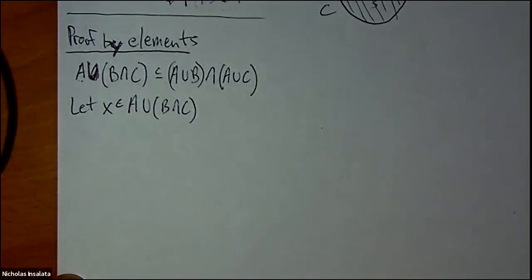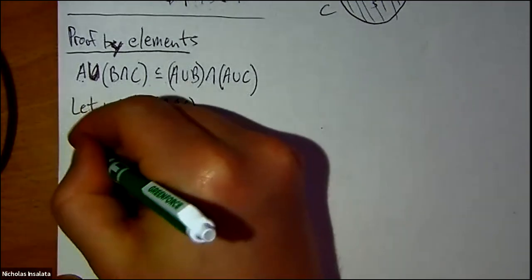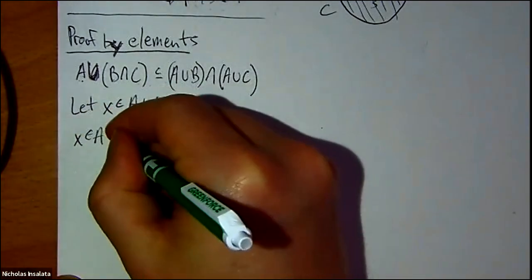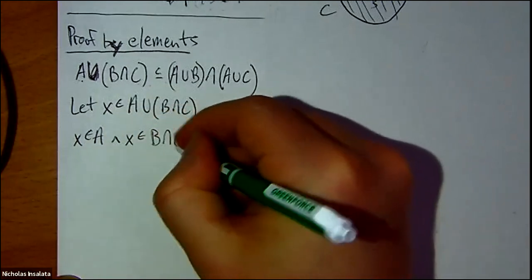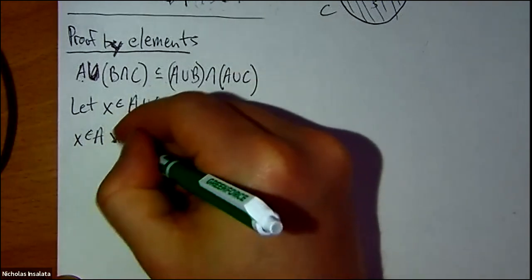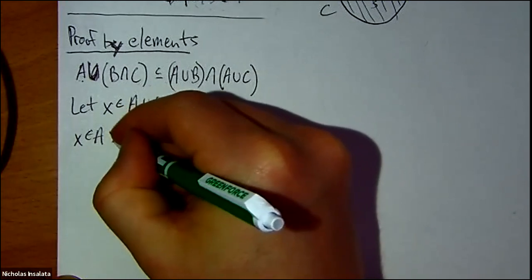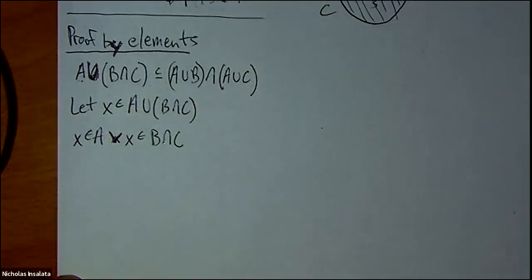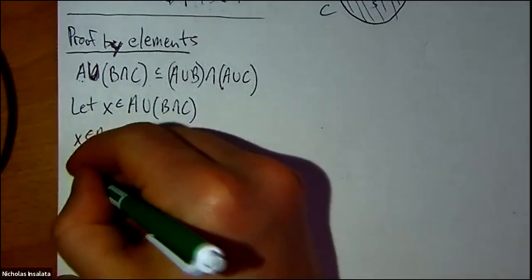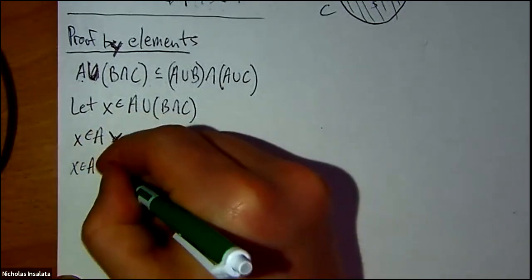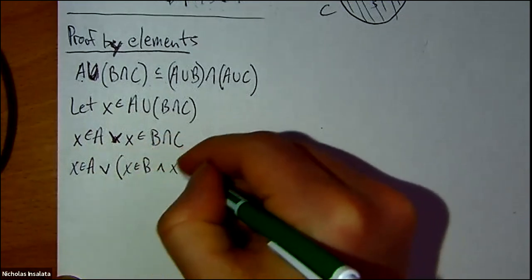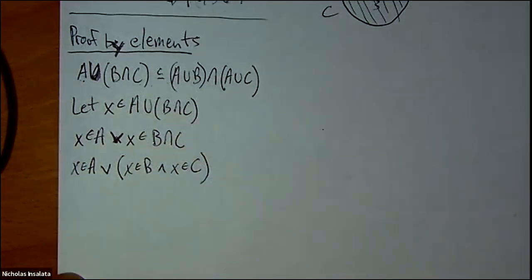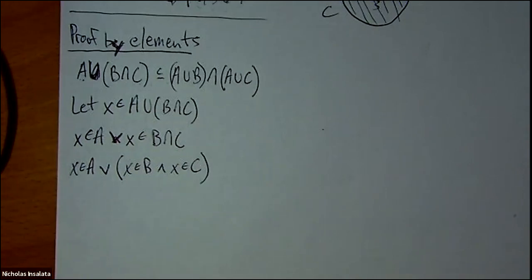So we'll say, okay, well, X is an element of A and X is an element of B intersect C. Oh, sorry, it should be an or, pardon me, for a union. Right? Okay, then we'll say X is an element of A, or X is an element of B and X is an element of C. Right?